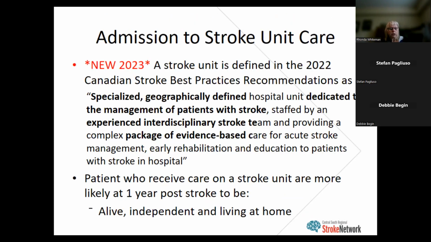When we look at admission to stroke unit care, and this is a new addition for 2023, it's really about defining and enhancing what stroke unit care is.